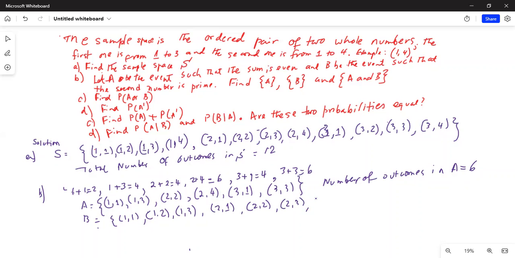Then we go to the case where the first number is 3. So (3, 1), then (3, 2), and then (3, 3), because 3 is a prime number too.